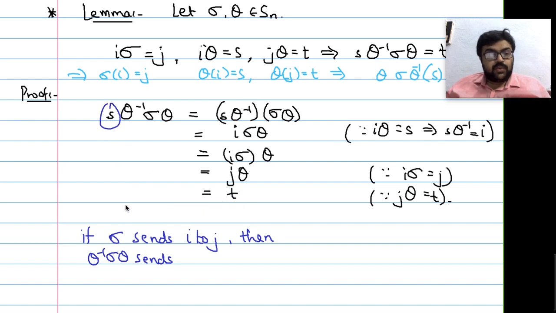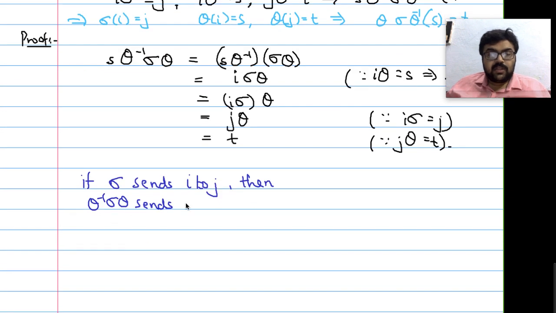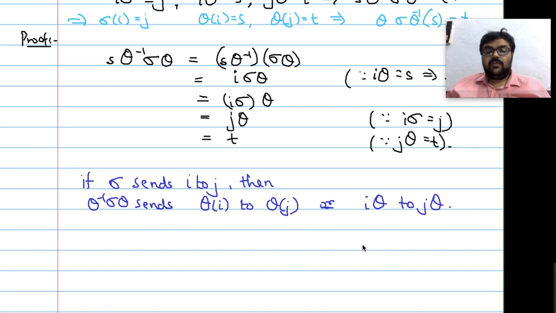But what is s? S is nothing but theta I, and t is nothing but theta j. So if sigma sends I to j, we can say that theta inverse sigma theta sends theta of I to theta of j, or in other notation we can write I theta to j theta.